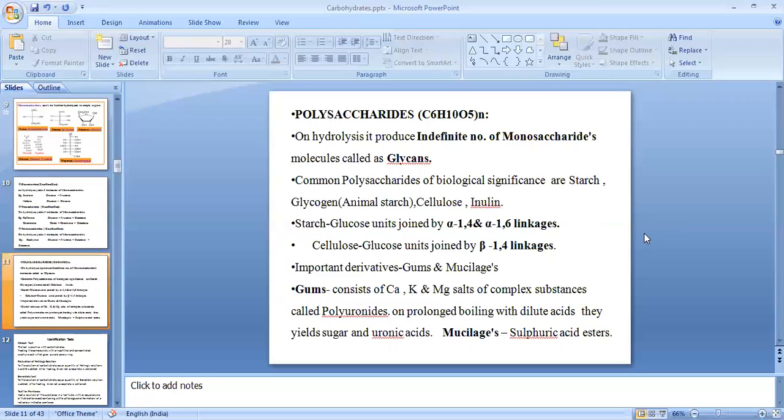Why is sulfuric acid liberated? They are the esters of sulfuric acid and polyuronic acids. So when you hydrolyze the mucilage, it gives out sulfuric acid, and when you treat the hydrolyzed solution with barium chloride, it gives a white precipitate. Whereas gums are not sulfuric acid esters; they are salts of calcium, potassium, and magnesium.